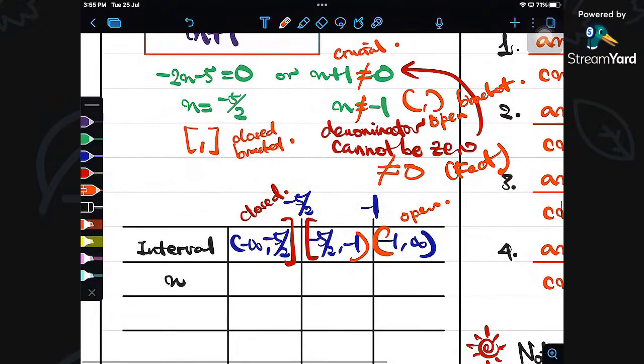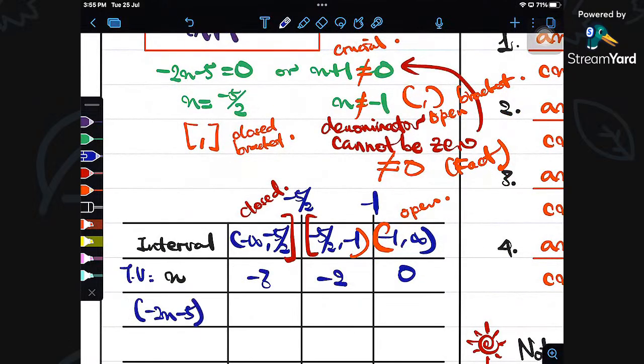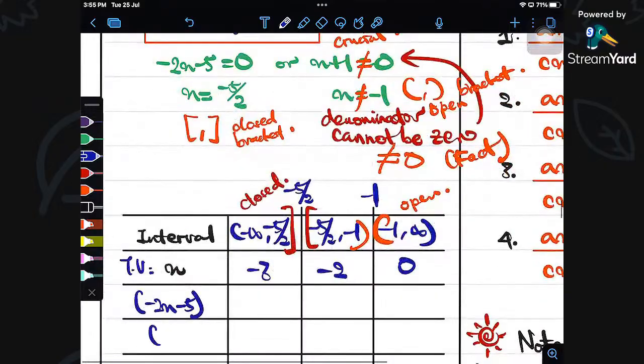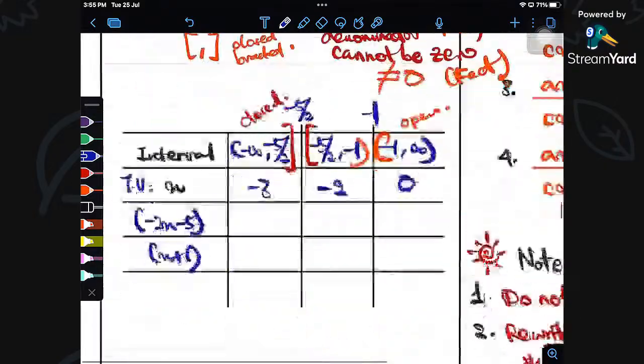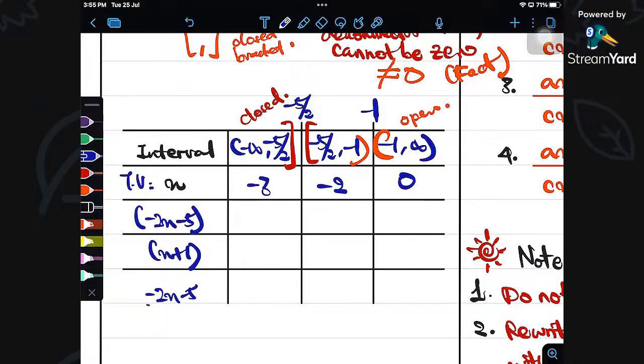And so, again, we just continue with the test value and so on. Masukkan nilai, ini adalah -3. Saya nak try sini -3, sini -2, dan sini kosong. And here goes my -2x minus 5. Here goes x plus 1. And here goes my rational inequalities.